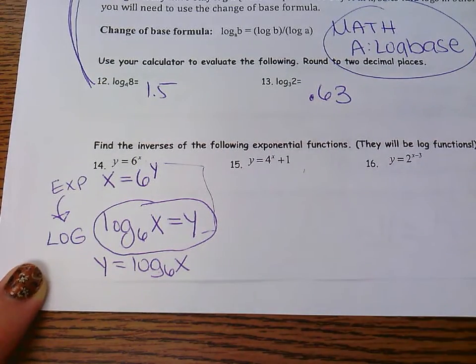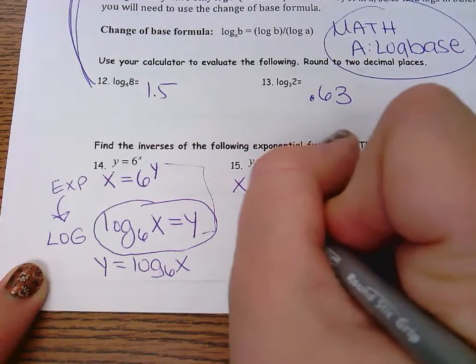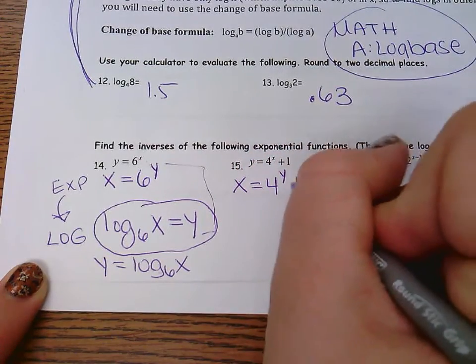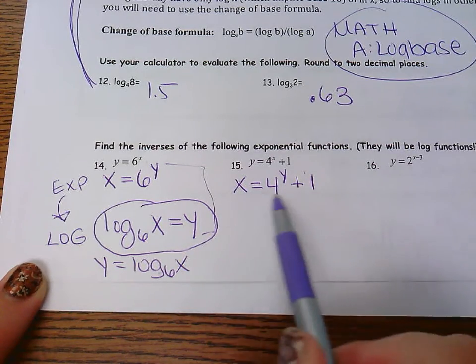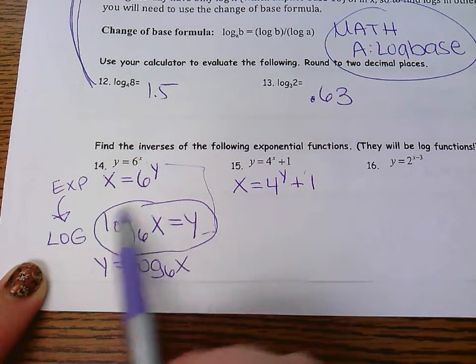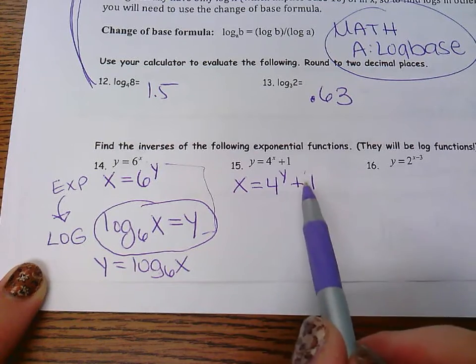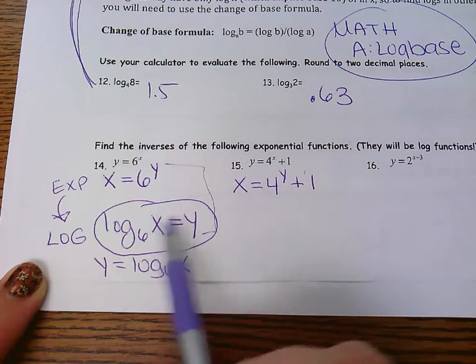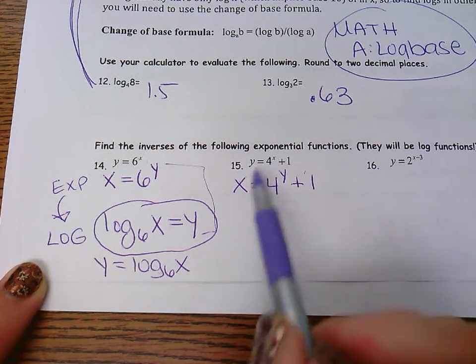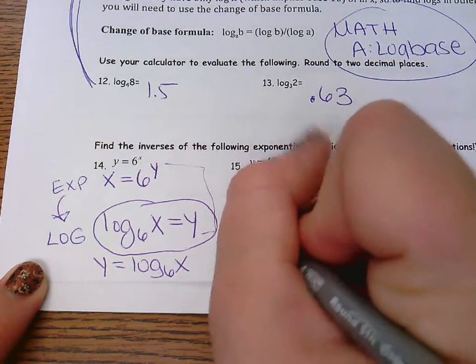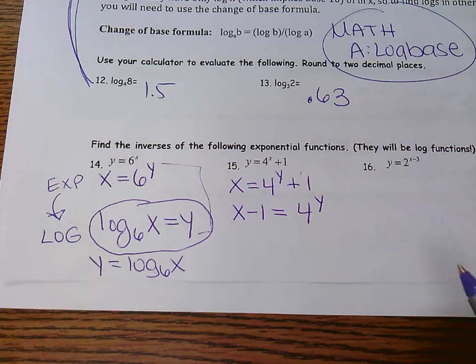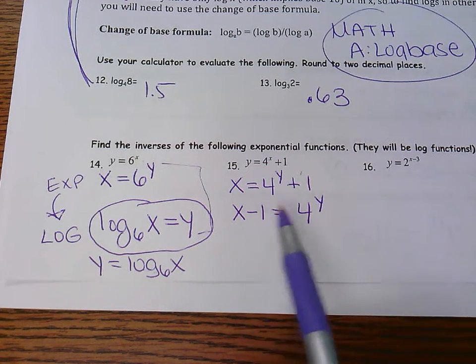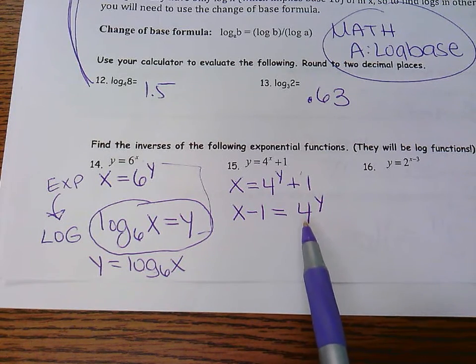On this one, you would do the same thing. So x equals 4 to the y power plus 1. This is not quite ready to turn into log form yet because of this plus 1. Before you turn it into log form, you need to get the exponent by itself. So x minus 1 equals 4 to the y power would be your next step. And then this is an exponential equation that you're going to rewrite as a log equation.